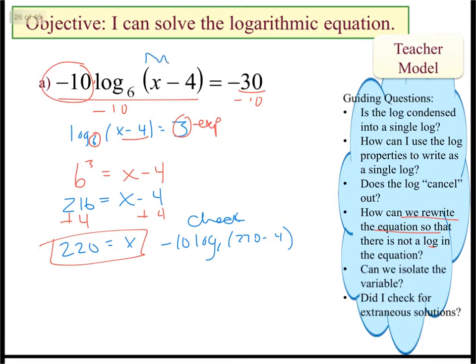So that argument piece, the thing that we're doing the log on, needs to be greater than 0, which it is. If we simplify this, we get negative 10 log base 6 of 216, and we actually just did that. So we know that the answer here would be 3, and we know that negative 10 times 3 is going to be negative 30, so that checks out.